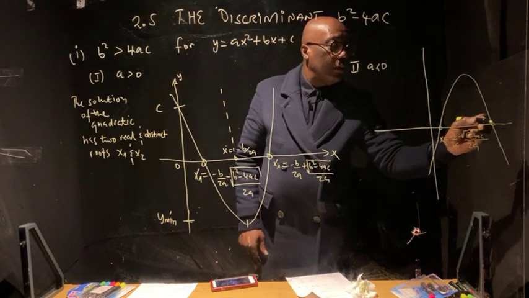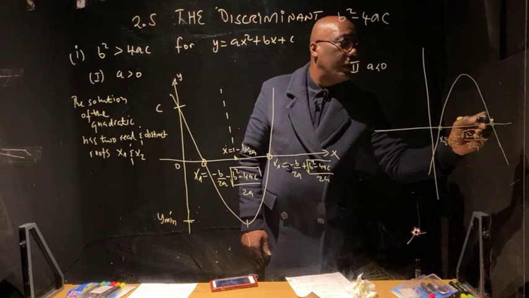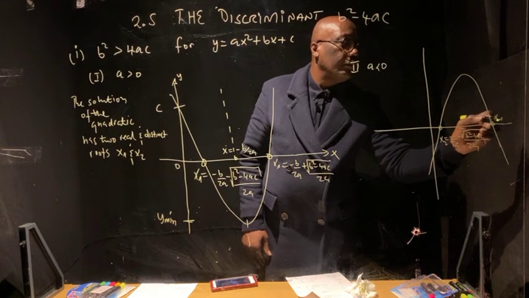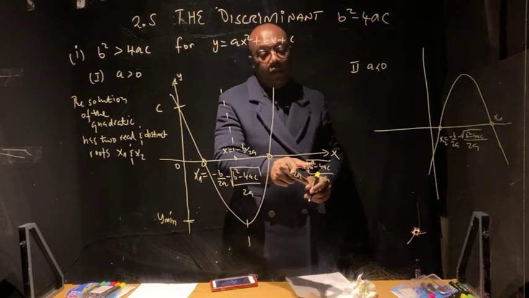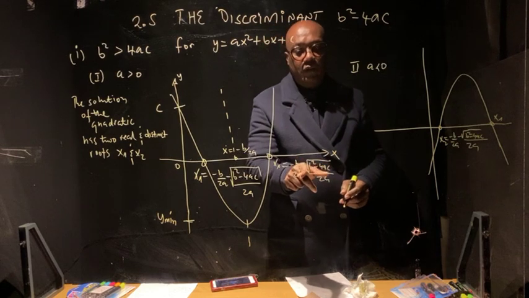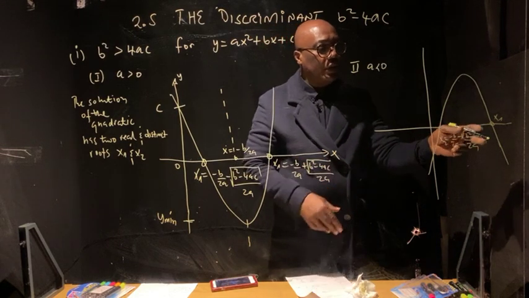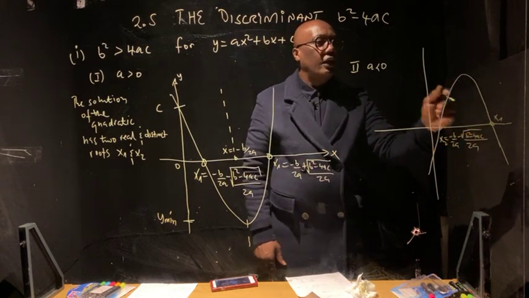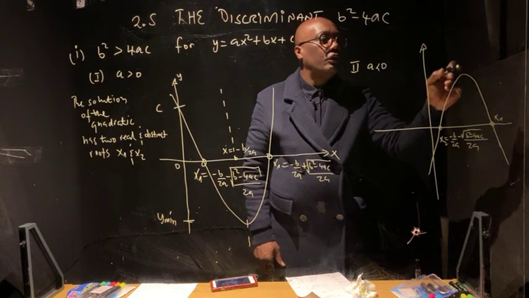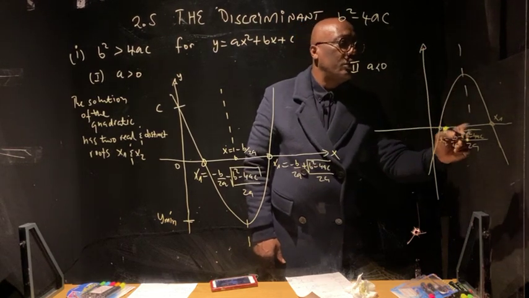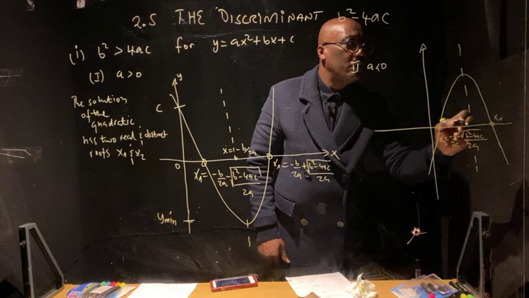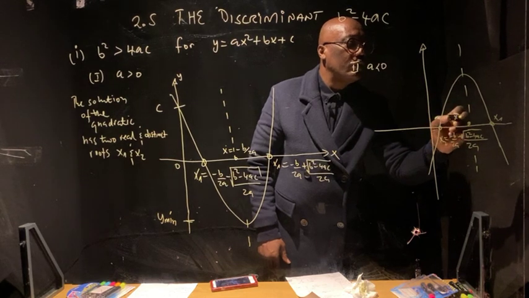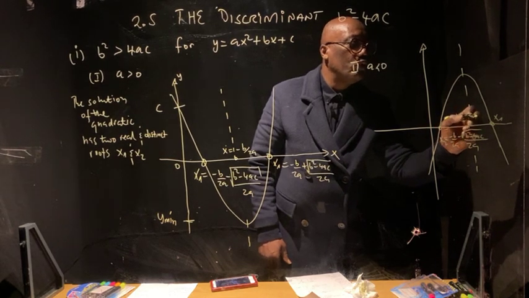And this one is x1, the same as before, but because there's no space, I don't think I can write it there, so you can figure it out. And you can see that there's symmetry over here as well. This point is x equals negative b over 2a.